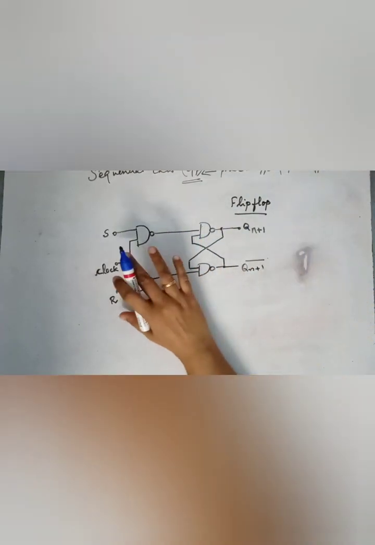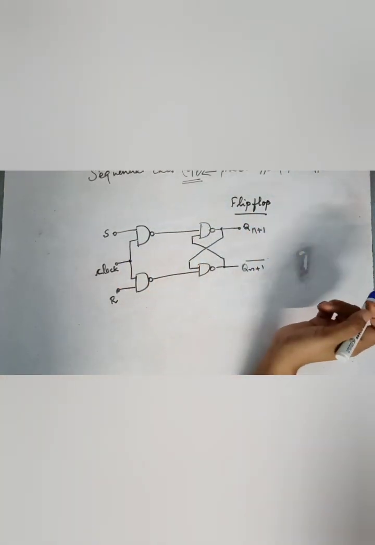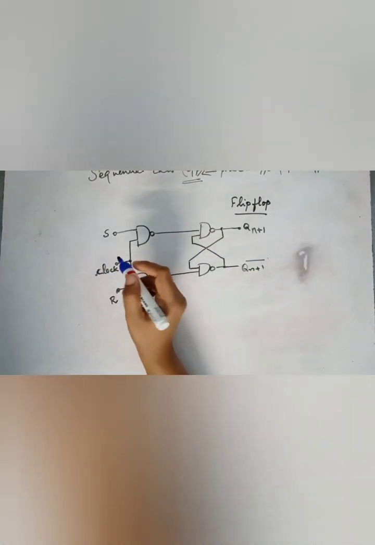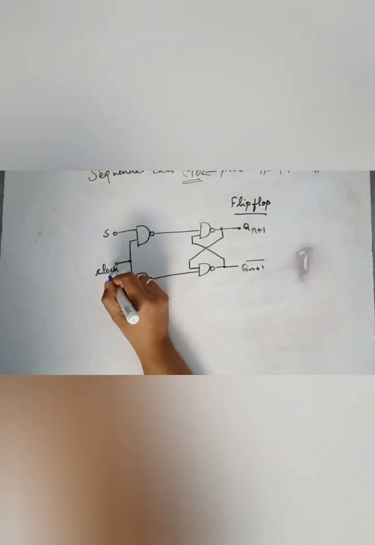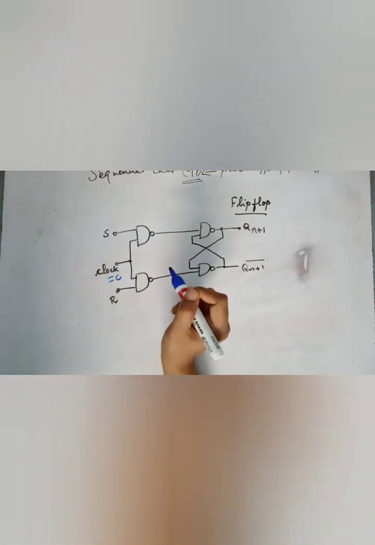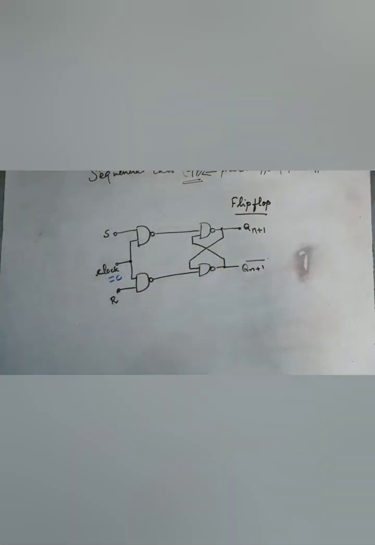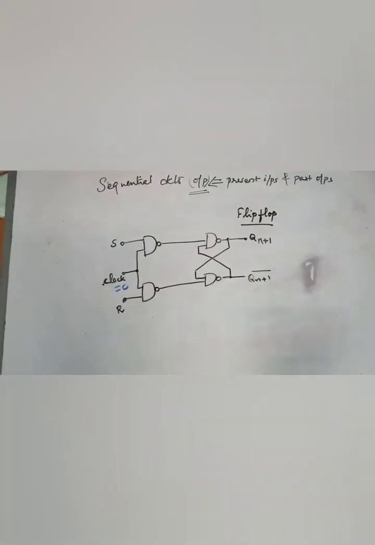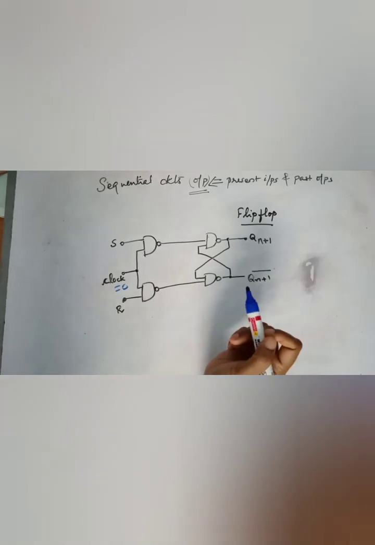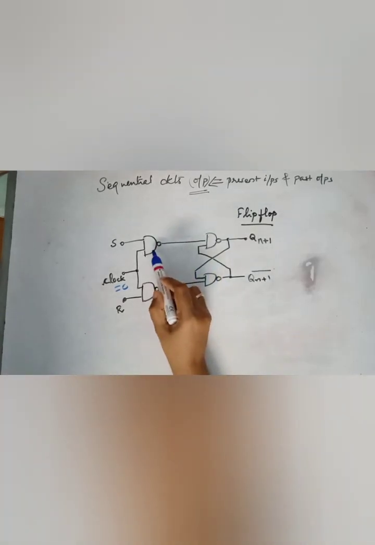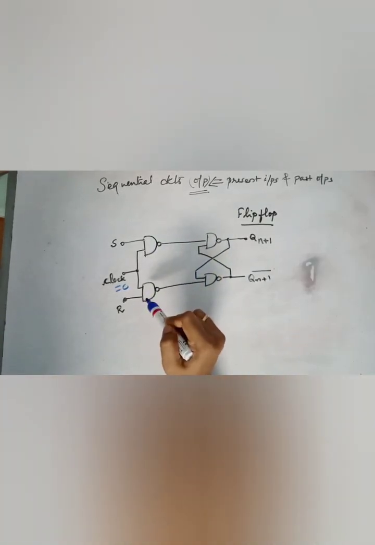Now, this particular circuit, suppose I am keeping clock equal to 0. If clock is equal to 0, we know that these are NAND gates.